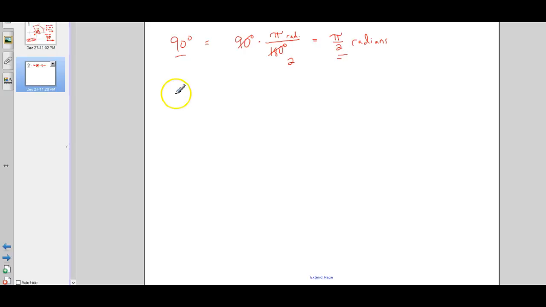What I want you to do before you watch the next lecture is see if you can do the same thing with some other common measures. So 45 degrees, 120 degrees, and let's do 330 degrees.